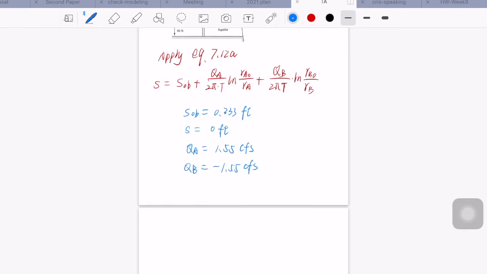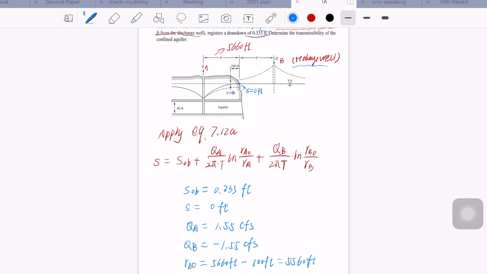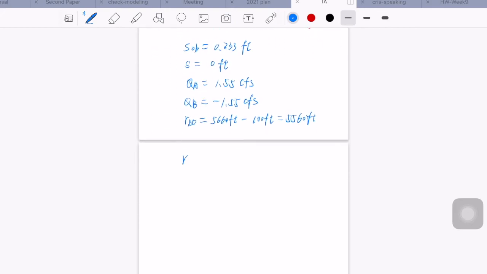And so RAO should be equal to 16 feet, the distance from the well A to the observation well. And RA should be equal to 16 feet.